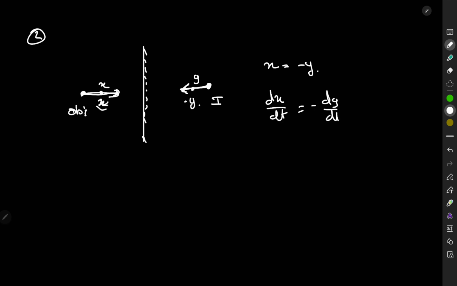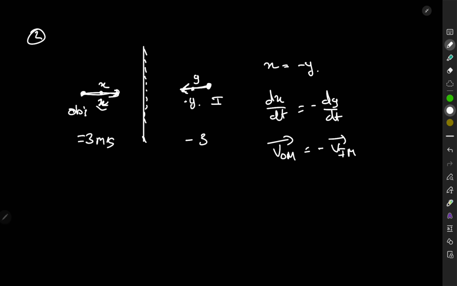Velocity of object with respect to mirror is equal to negative of velocity of image with respect to the mirror. Okay, so if this is like 3 meter per second towards the mirror, it will be minus 3 meter per second towards the mirror, not like that.